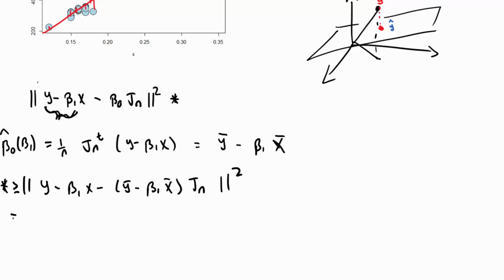Okay, so let's just do some reorganization. Okay, so this works out to be y minus y bar times jn minus, so that takes care of that term, then the y bar times jn, and then we need a minus beta 1 x minus x bar.